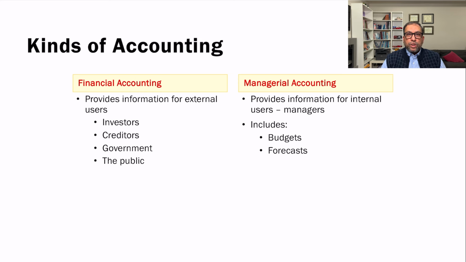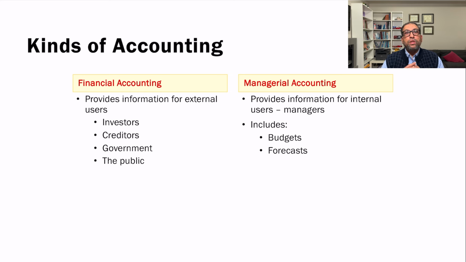Now, before going into detail about our course, which is the financial accounting course, it is important to understand the difference between financial accounting and managerial accounting. Why is it important? Because in financial accounting, we have to follow certain standards set by the International Financial Accounting Standards Board, or standards set by the regulatory body within the country. Why do we have to follow the standards?